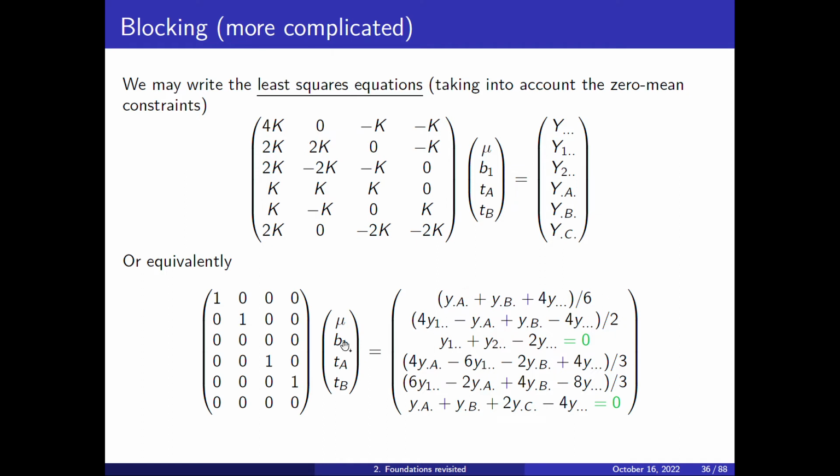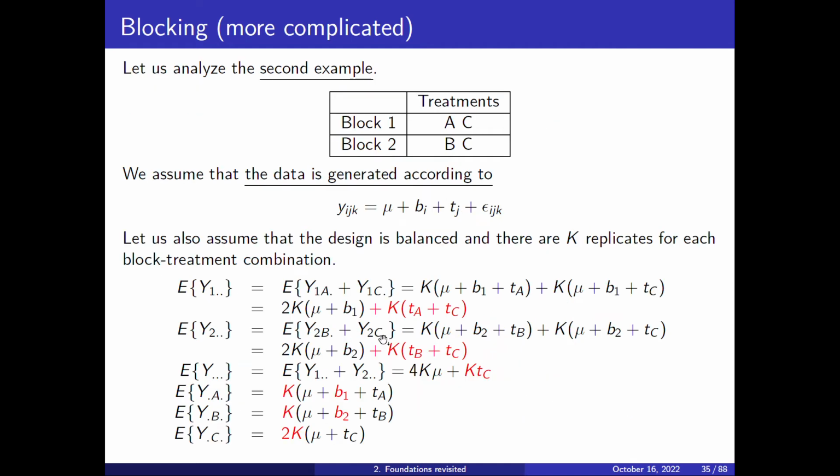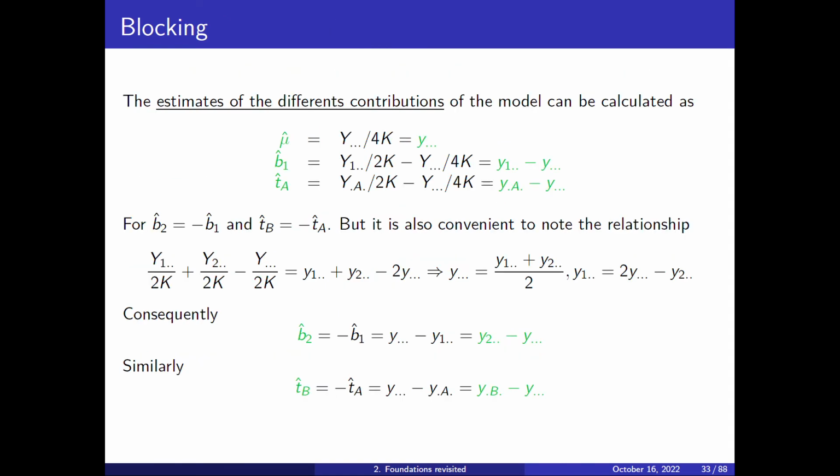And the same happens for the effect of the block. So the effect of the block, before, was simply the average of the block minus the total average, which was very easy to calculate.